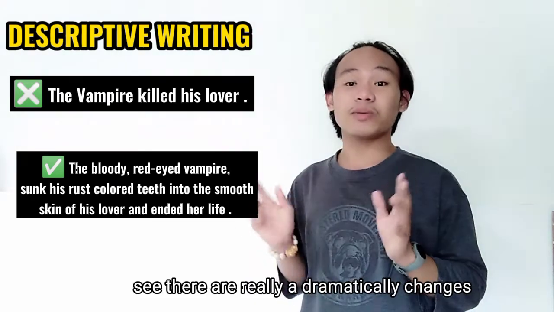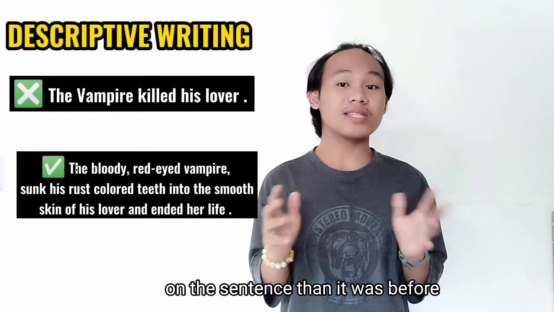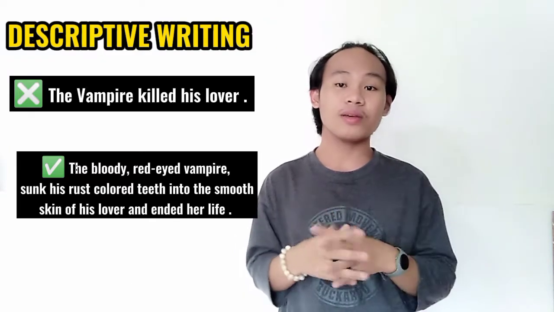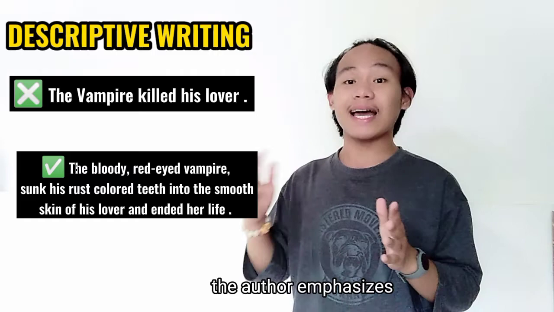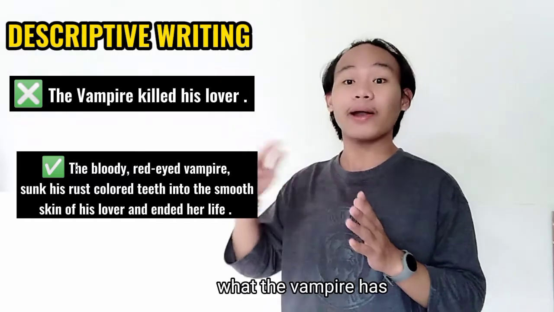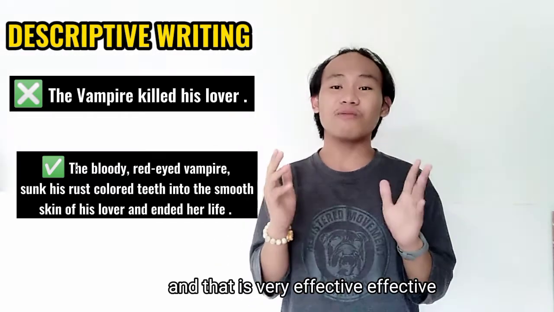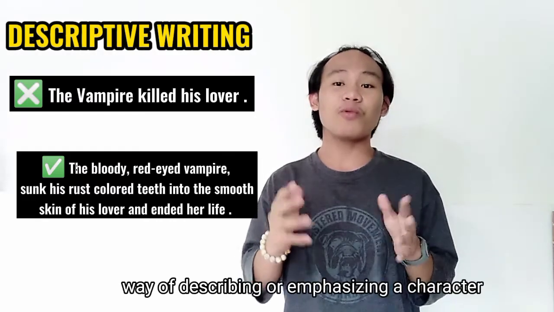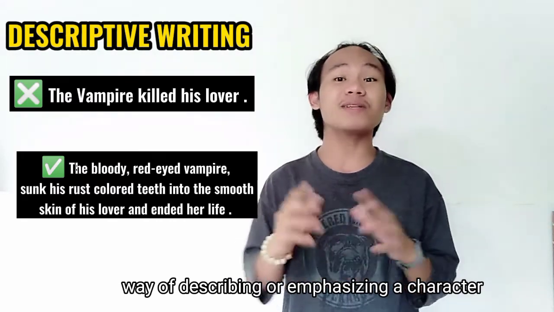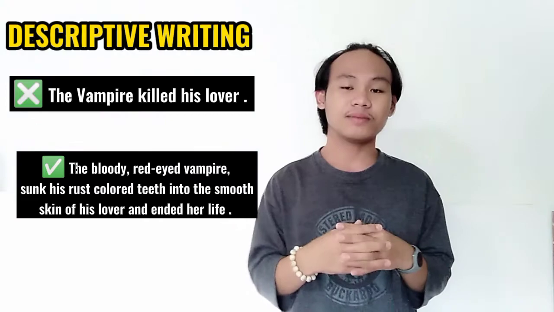There's really a dramatic change in the sentence from what it was before. The author emphasizes what the vampire has, and that is a very effective way of describing or emphasizing a character.